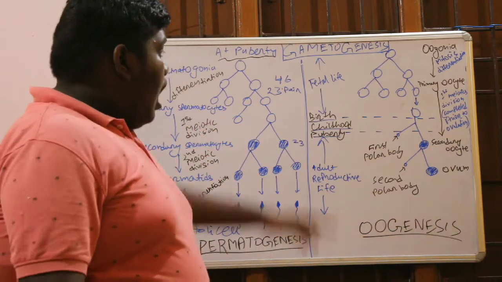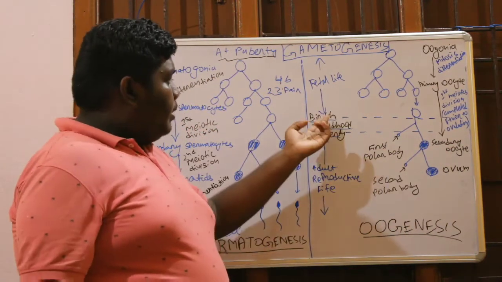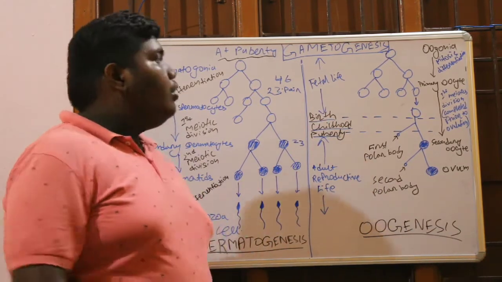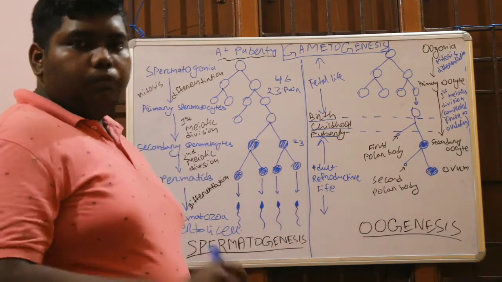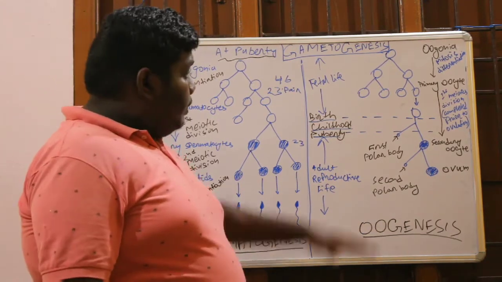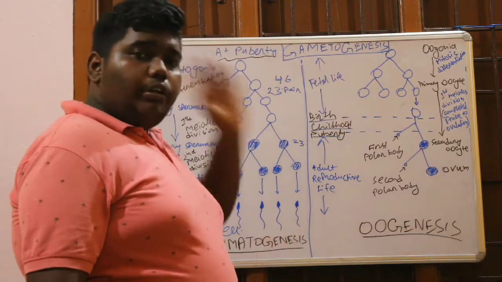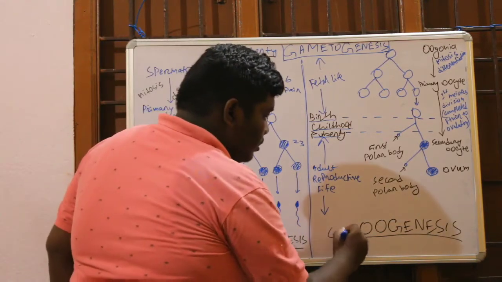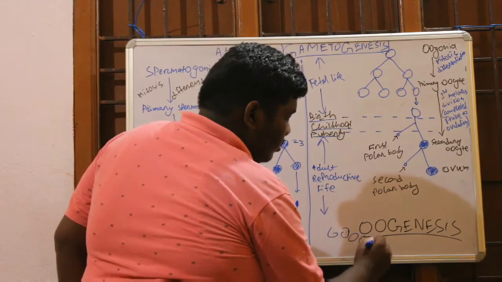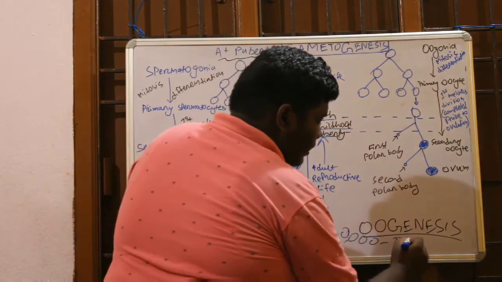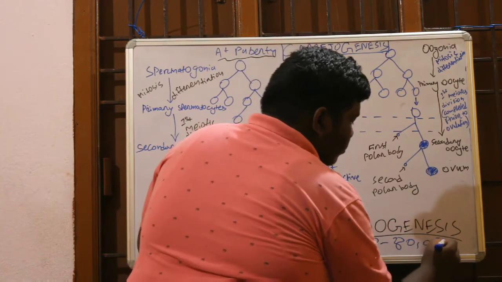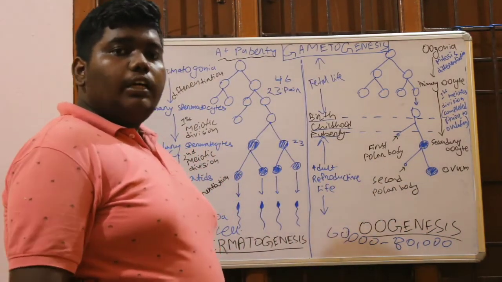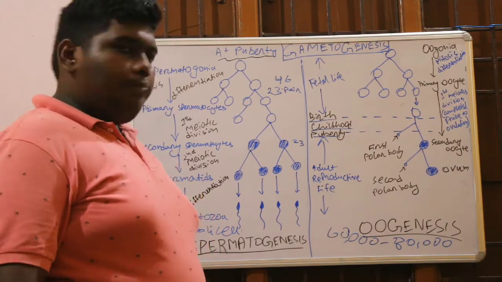After birth, there is no single addition or formation of oogonia. So before birth, you need to remember that around 60,000 to 80,000 oogonia are prematurely stored in the ovary of the female.